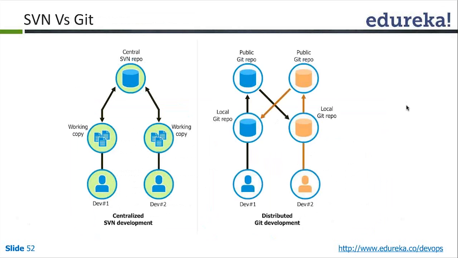So this is a centralized form of development. This is the ideal way which you will have in any organization, be it your source code or your configuration management system. So you will have your working copies, your devs here, and then updating to a central SVN.